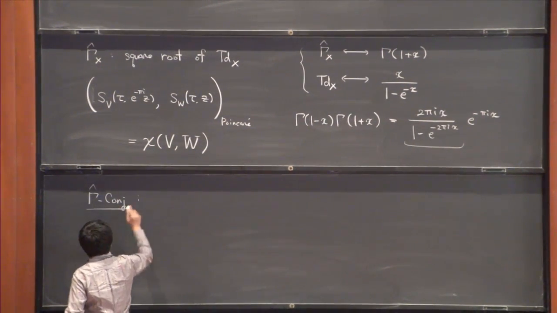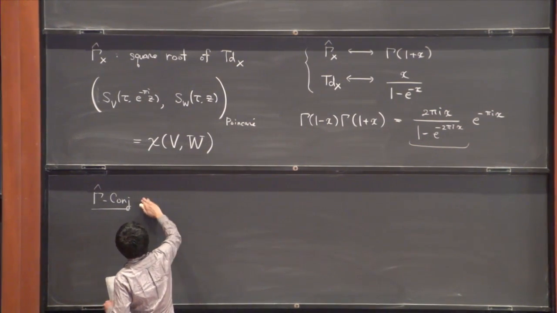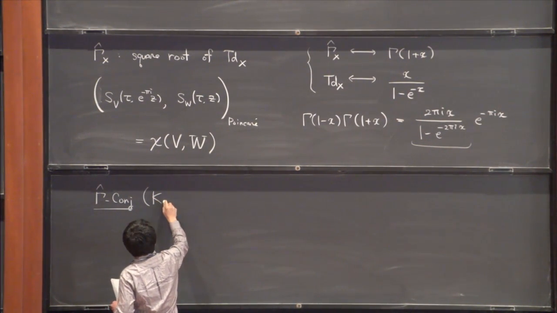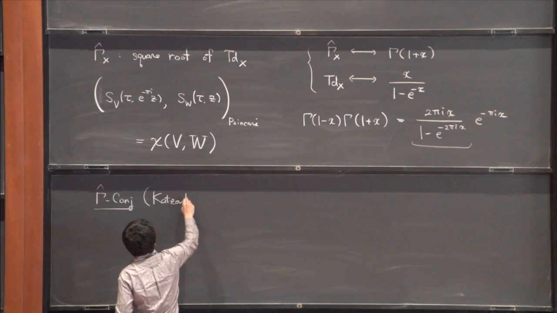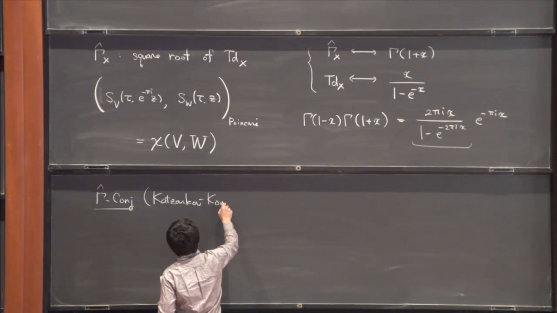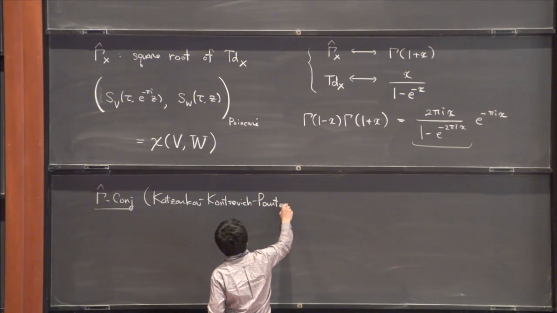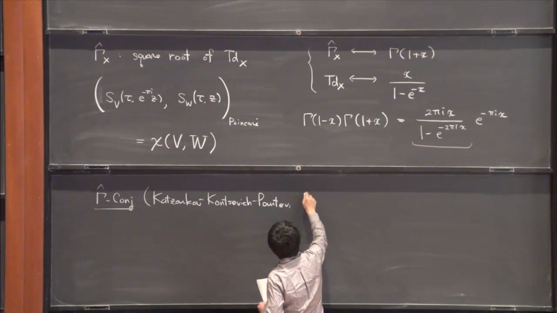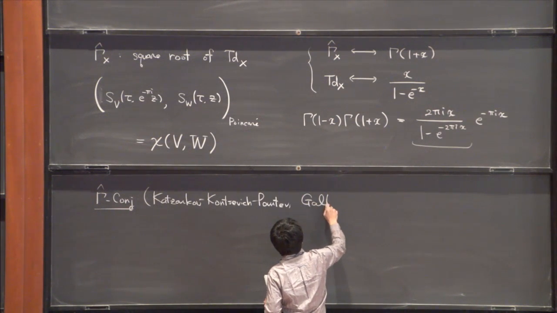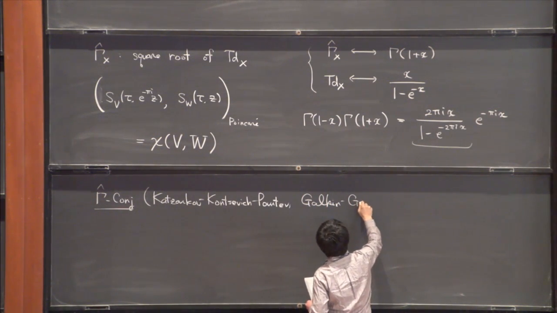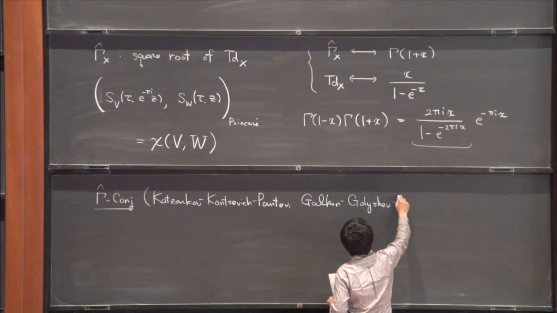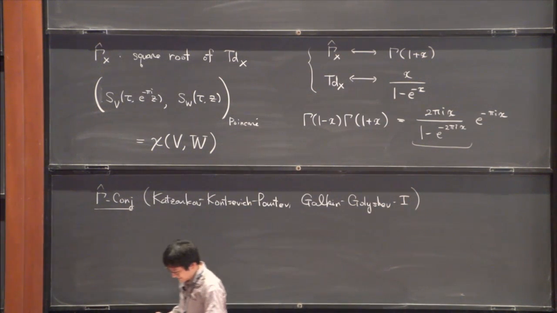Now, the gamma conjecture. This is the following conjecture. It appears in a paper of Katzarkov, Kontsevich, Pantev, and also later in our paper with Galkin, Golyshev, and myself. Maybe Katzarkov, Kontsevich, Pantev did not say it in this way, but I think this is what they wanted to say.